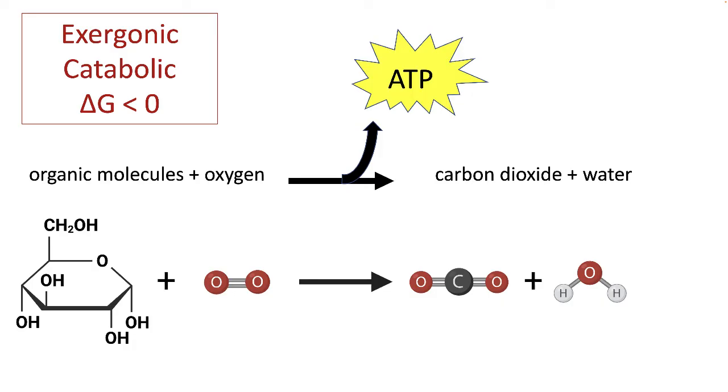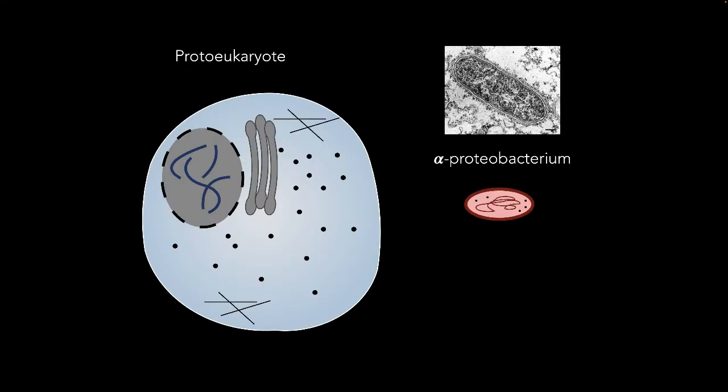In eukaryotes, respiration takes place partially in the cytoplasm and partially in the mitochondria, where the bulk of ATP is produced. And hey, guess what? Mitochondria also originated from bacteria. In fact, mitochondria were acquired first, once again, through endosymbiosis. We know from sequencing mitochondrial DNA that the ancestors of mitochondria were related to alpha proteobacteria.